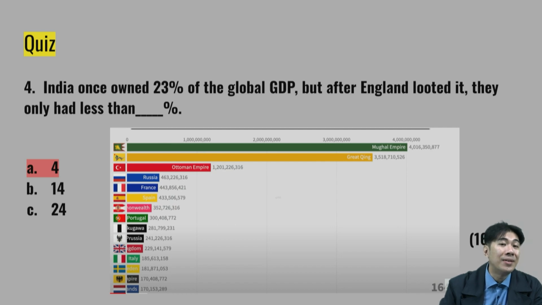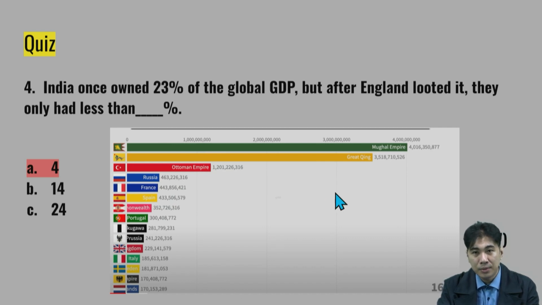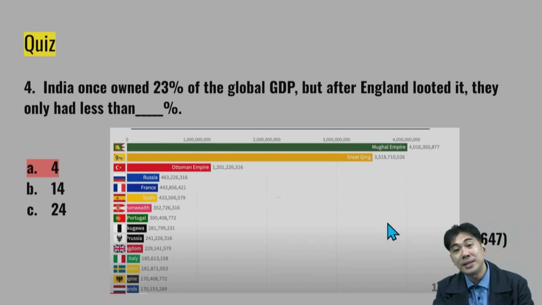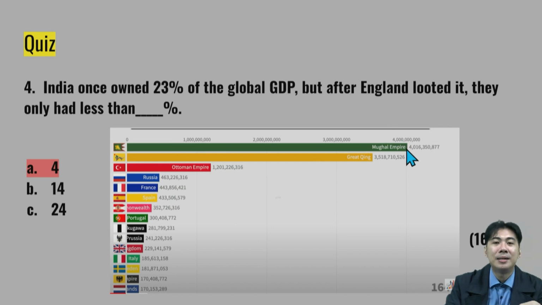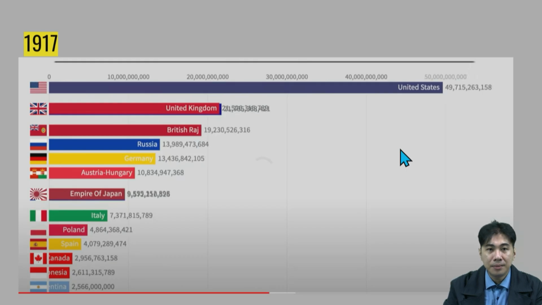4, India once owned 23% of the global GDP, but after England stole or looted it, they only had less than 4%. So again, India was the richest country in the world. This was in 16-something. Was it 1647? India was the richest country in the world, and then the UK took over, and this was in 1917.